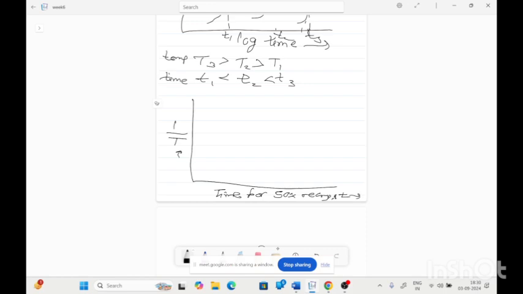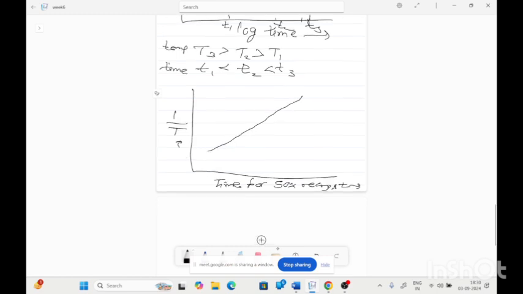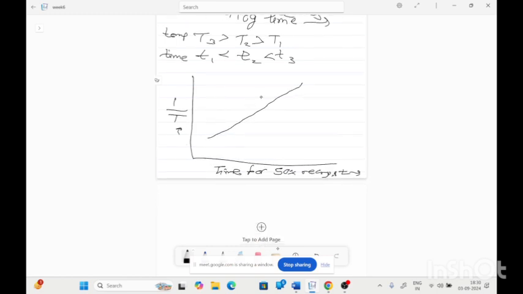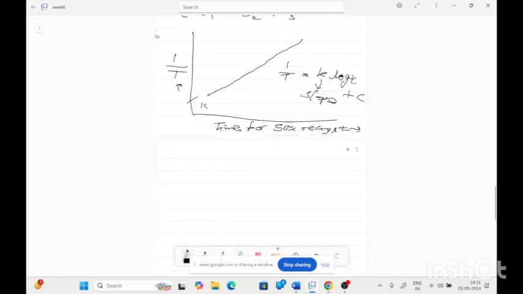We get a straight line, so the slope of this curve will be 1 by T equals K log T plus C. So the intercept will be C, and this is the slope. So the equation of this line can be written as 1 by T equals K log of time plus intercept.